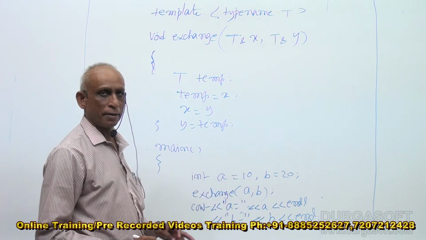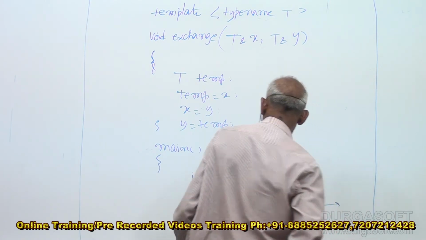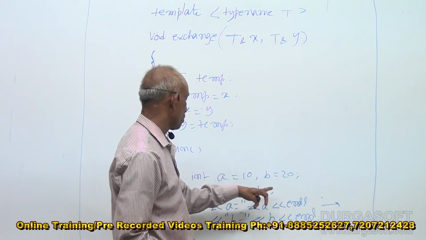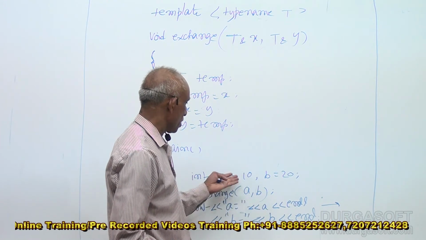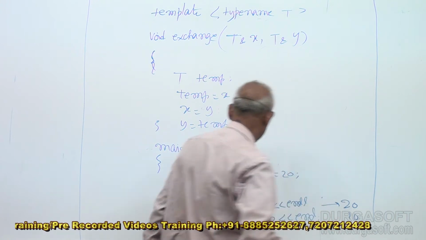After that display again. So the display will be first a 10, b 20. Now after exchange a is 20, b is 10. So what you get on the display is 20 and 10.